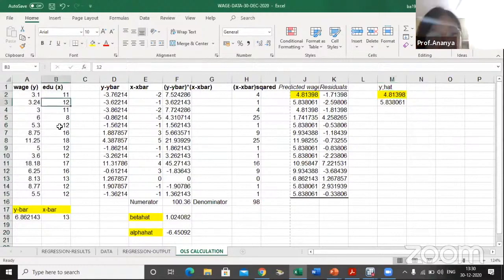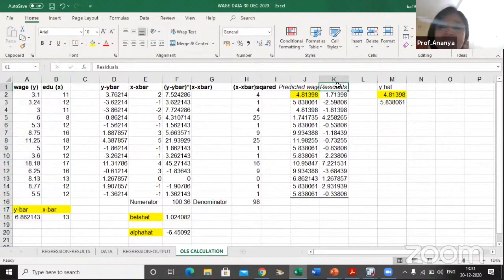The second person with 12 years of education is actually earning $3.24, but your model is predicting that this person should be earning $5.8. So that's the difference between Y and Y hat.